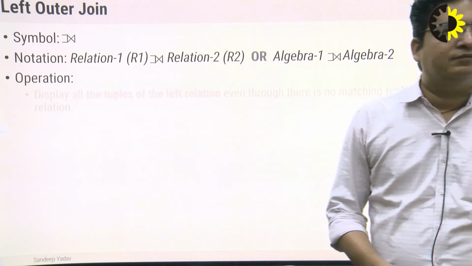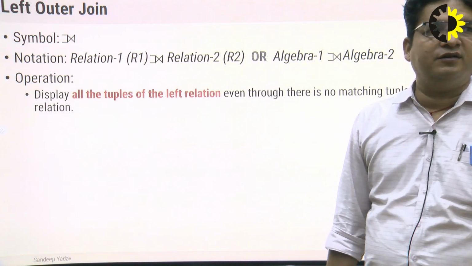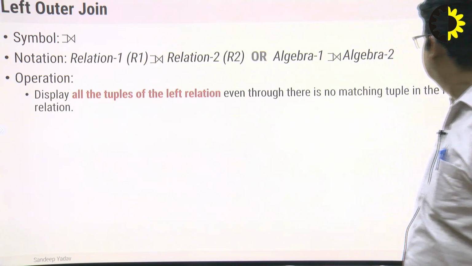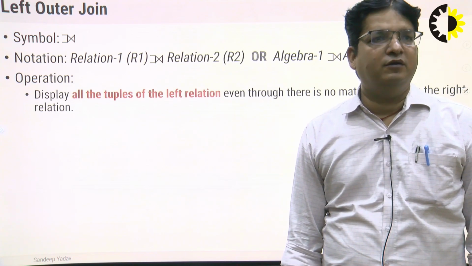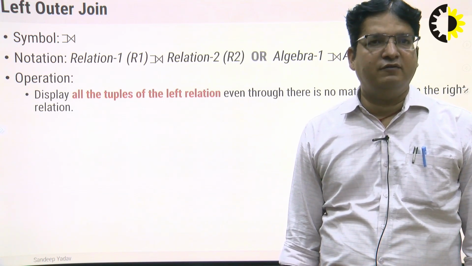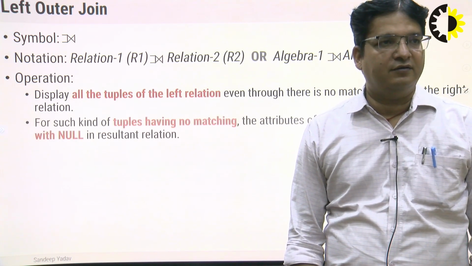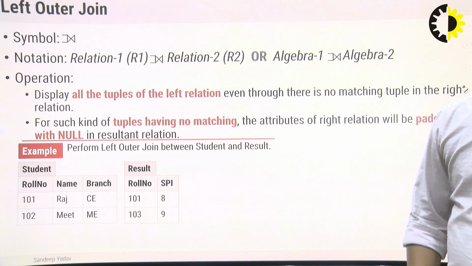Let us see left outer join. It will display all the tuples of the left relation even though there is no matching tuple in the right relation. So this is used to display all the rows of the left relation even though there is no match in the right relation. Let us see it with the help of an example.